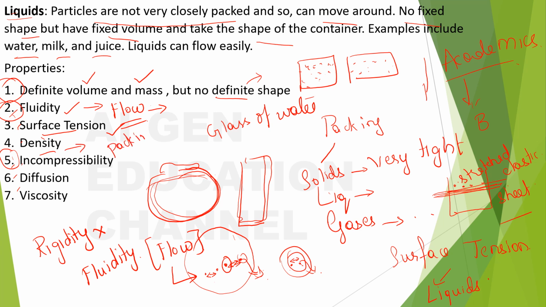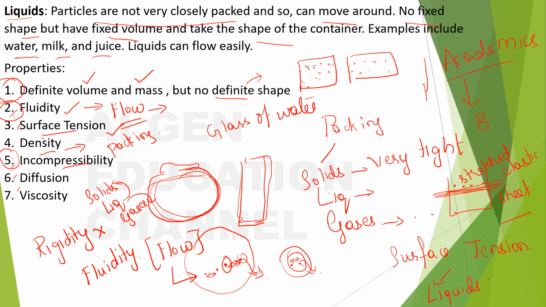In solids, they are very closely packed, so high density, then come liquids, and then gases. So liquids are less dense than solids and more dense than gases. And incompressibility: you can't compress even liquids. Like solids, these are incompressible.